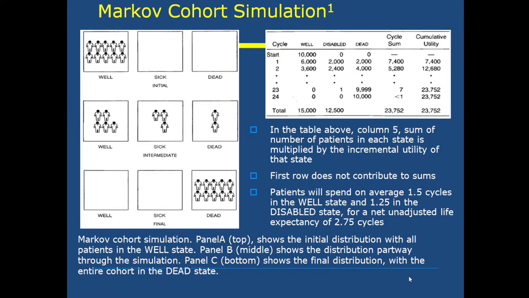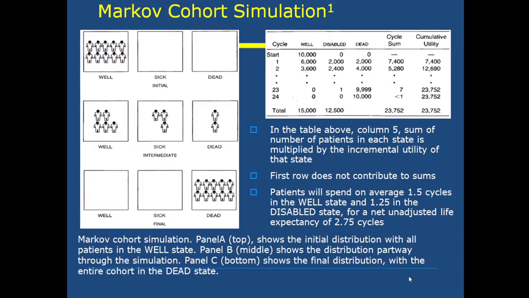In this slide, you see an example of Markov cohort simulation. In the table above, we have some columns, and column 5 contains the sum of the number of patients in each state multiplied by the incremental utility of that state. The first row does not contribute to the sums.